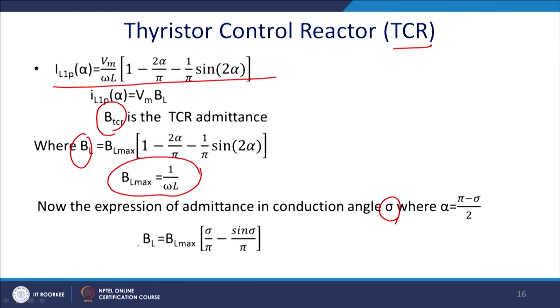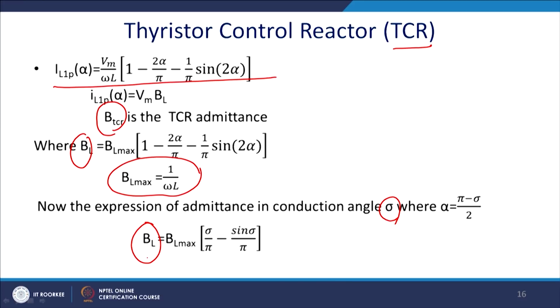Now, we can change the expression of the admittance to the conduction angle sigma. You know that alpha equals pi minus sigma by 2. So, if we substitute, B_L will be B_L max into (sigma by pi minus sin sigma by pi).